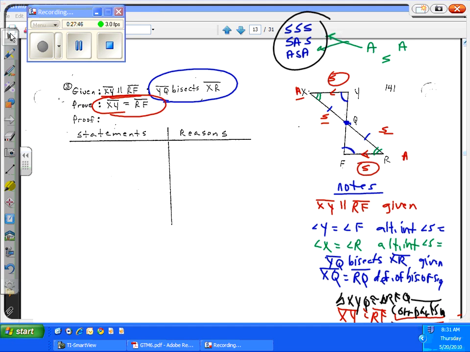To prove it by side, angle, side, I would need to know that AY is equal to FR. I can't prove that they're congruent because of that. I'm trying to prove that because they're congruent. We cannot conclude this at this time, so we cannot prove they're congruent by that method, which was side, angle, side.